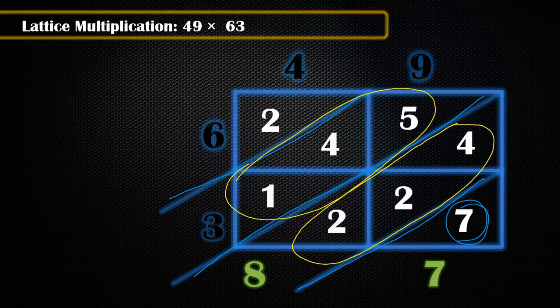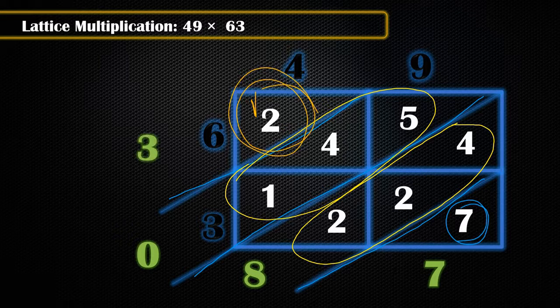But we only have room on this line right here for one number. So it's going to be a 0 here, and then the 1 for the 10 carries over. So when we add this one right here, it's going to be 2 plus 1, which is 3. Which leads us to that 49 multiplied by 63 is 3087. Whoa, that's a big number.